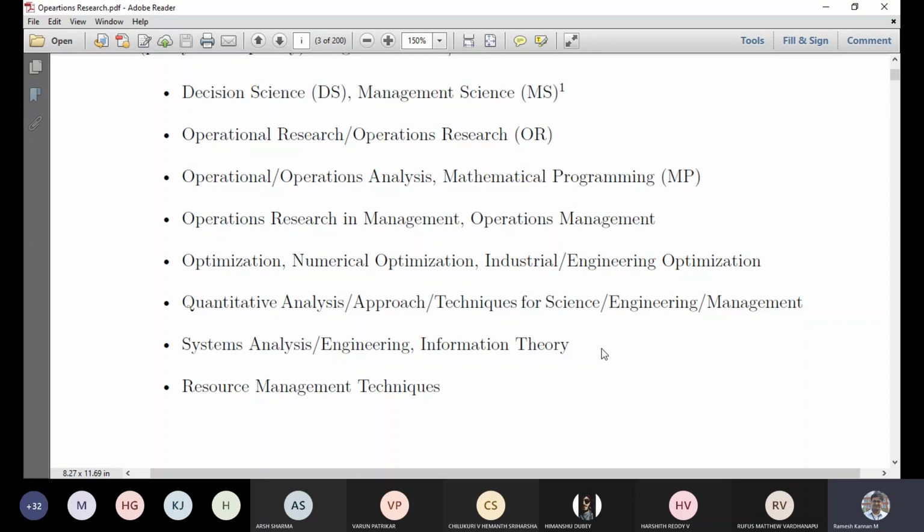This is also approximately closer to an MBA kind of subject, or a management course, which is called resource management. How do you optimally use your resources? That's also part of OR. So basically OR encompasses various decision making methodologies, and it can also be called by different names. So that's what it basically means.